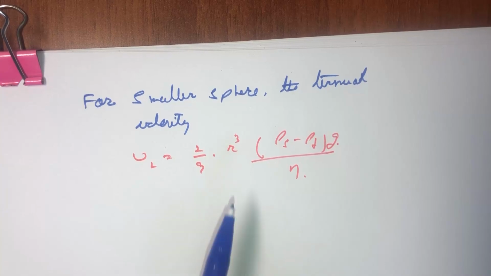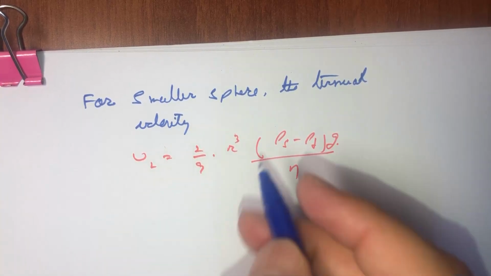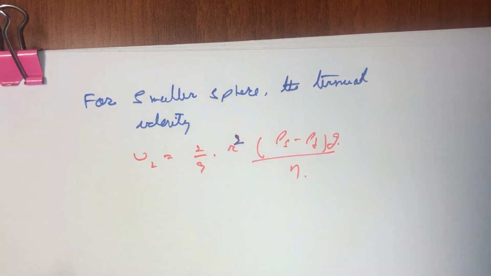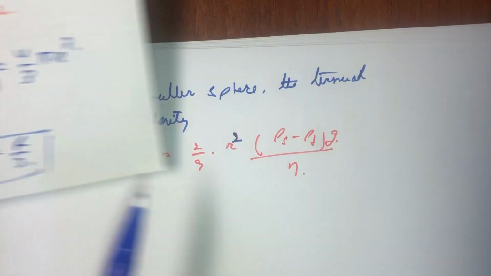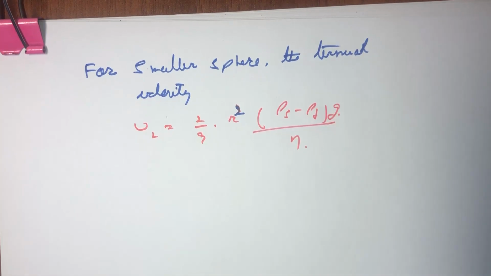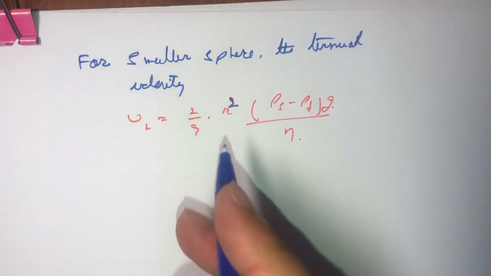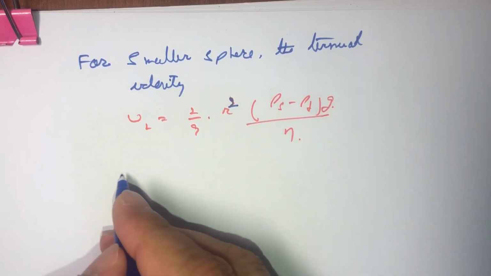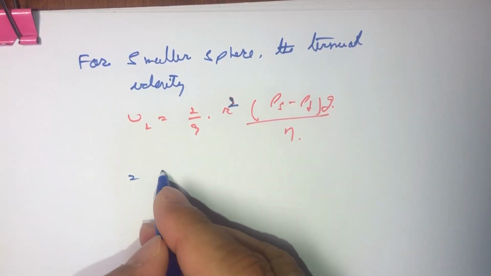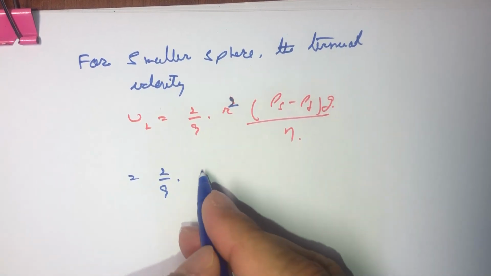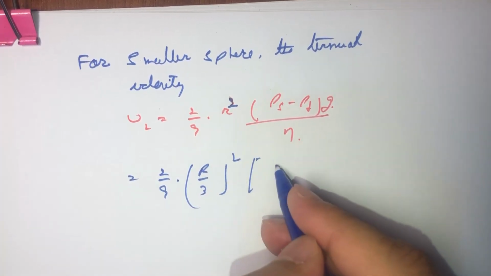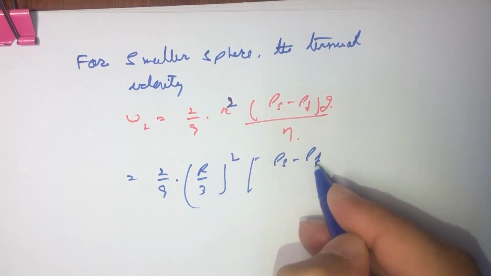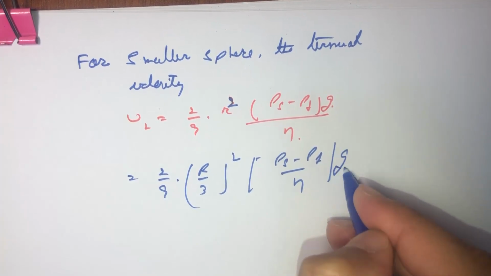In place of this small r we can put capital R by 3, because we already know the relation between small and capital R. So we can write this as 2 by 9, R by 3 whole square, (rho s minus rho f) multiplied by g upon nu.